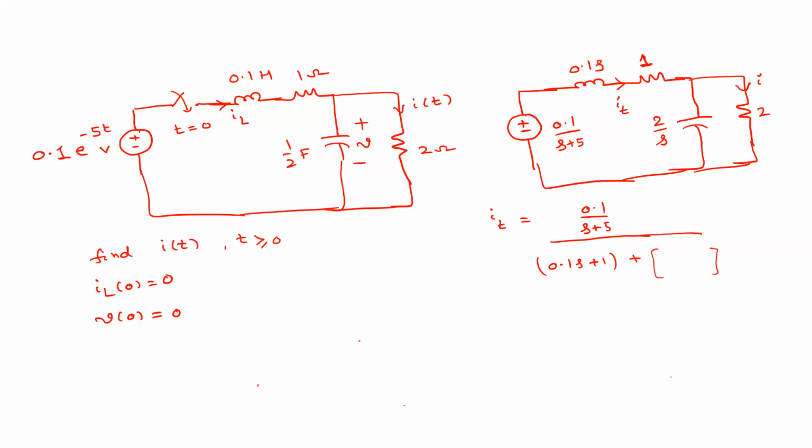The parallel combination is 4 by 2S plus 2, which means 2 by S plus 1.